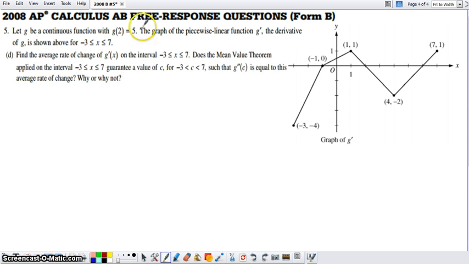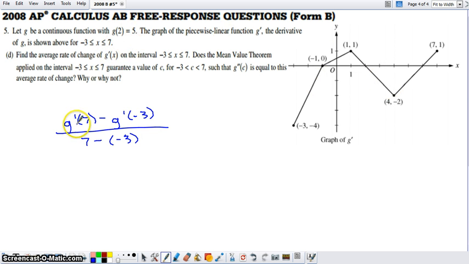And then Part D says find the average rate of change of g prime on the interval negative 3 to 7. So the average rate of change of g prime on this interval is going to be g prime of 7 minus g prime of negative 3, divided by 7 minus negative 3. So it's the same regular old slope formula, but not applied to g, applied to the graph of g prime.